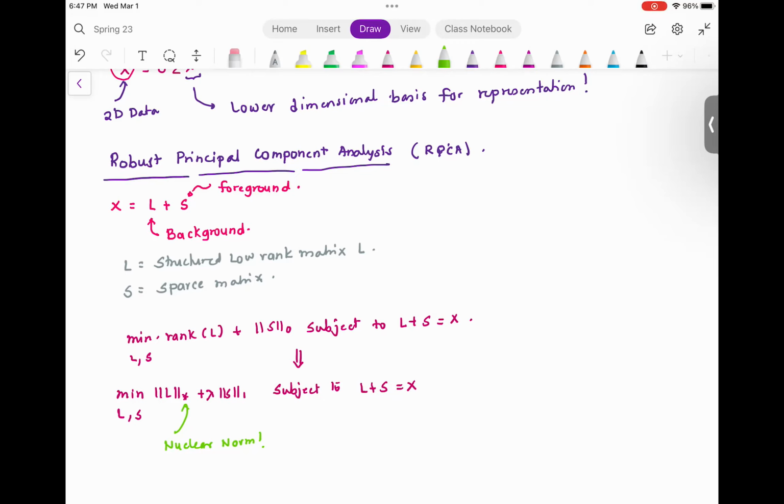However, as soon as I change this minimum rank condition to a nuclear norm and add a regularization parameter, essentially the Manhattan norm or L1 norm, this problem can be solved in finite time, which means I can write the code inside MATLAB or inside Python that would actually solve the problem.